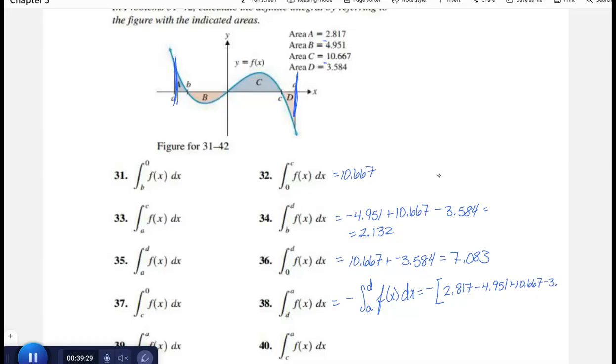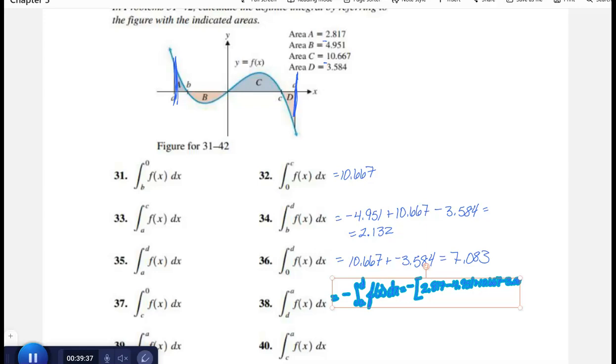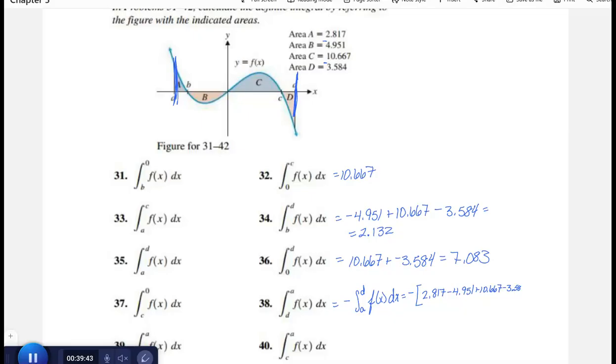D has a negative value. A little bit more room. Let me make this a little bit smaller. So when I plugged that in my calculator, I got a negative 4.949.